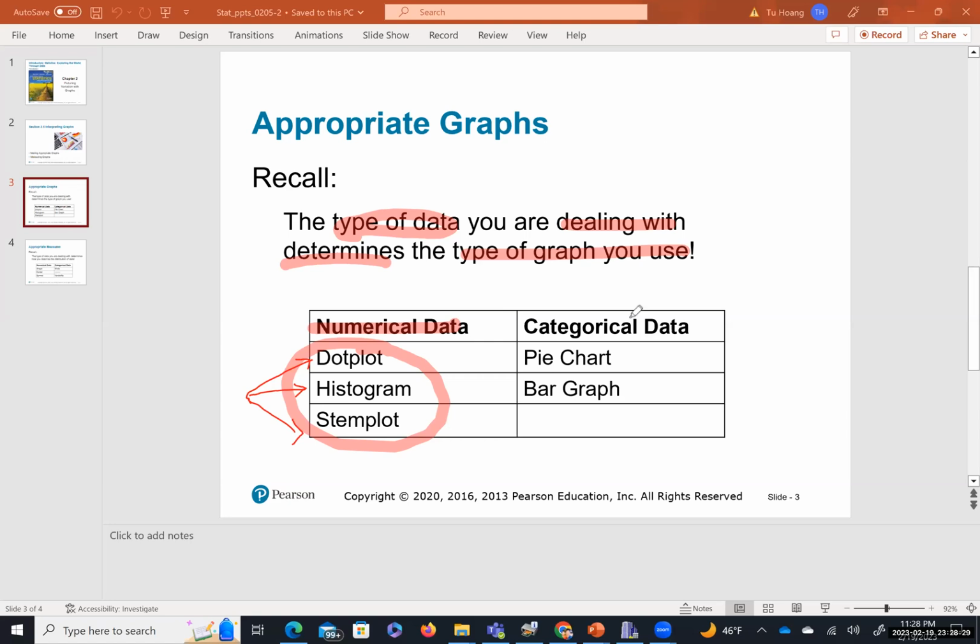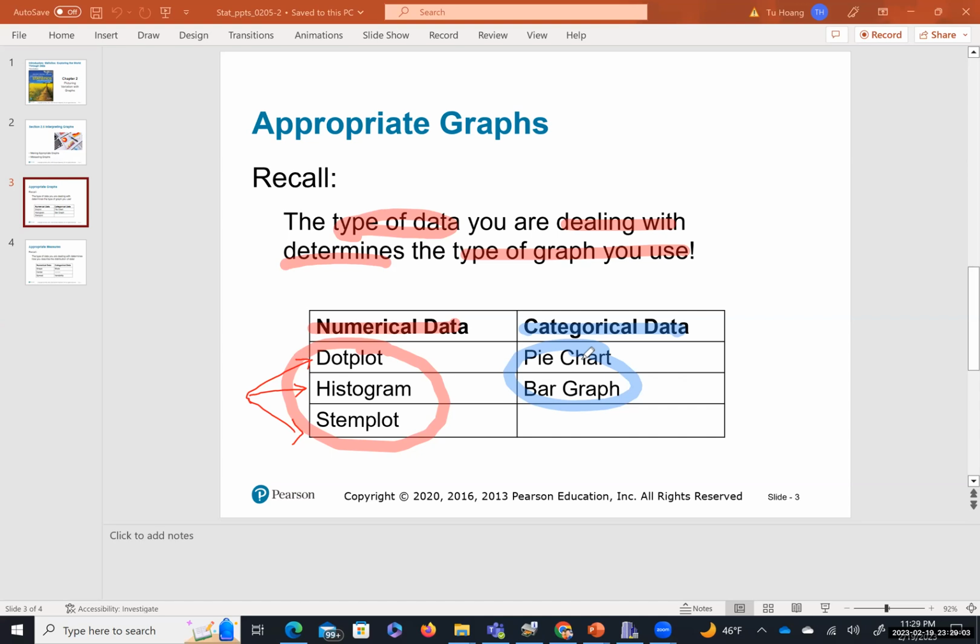However, for categorical data, in this course you have only 2 choices, which are the pie chart or the bar chart, depending on which one you can use to visualize the data values.